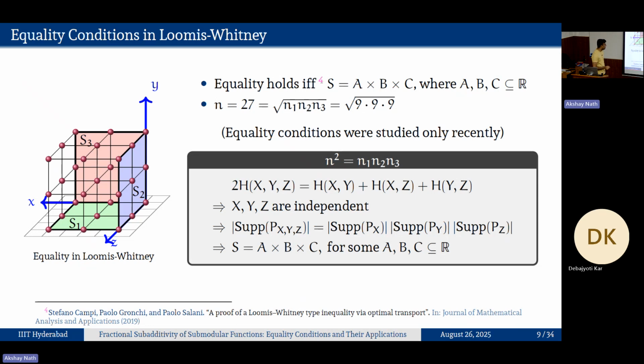The support of p, x, y, z is the product of supports. So you can think of it as a product distribution. Generalizing this, I have a product distribution, this p, x, y, z is a product distribution, and this set of points is actually a Cartesian product.